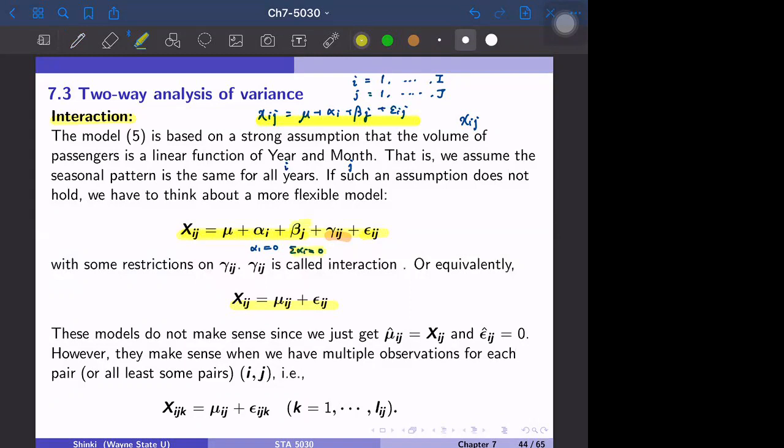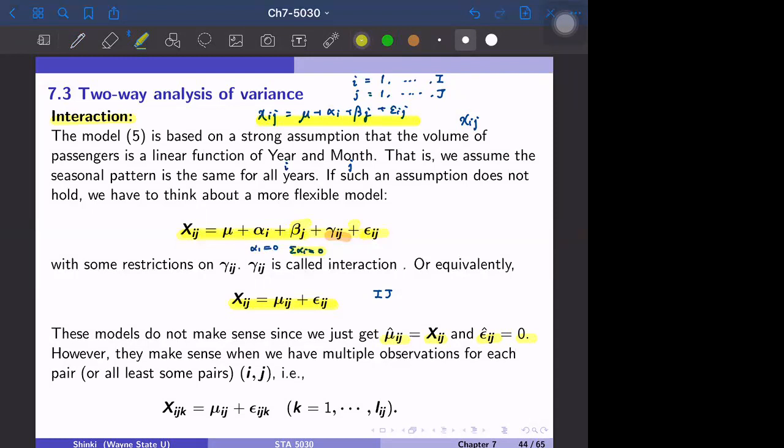But this does not work, because if we estimate this model with just one observation for each pair ij, then mu_ij hat is equal to x_ij, and epsilon_ij hat is equal to 0. Basically, these are I times J parameters, and we have I times J observations, so we can explain everything.